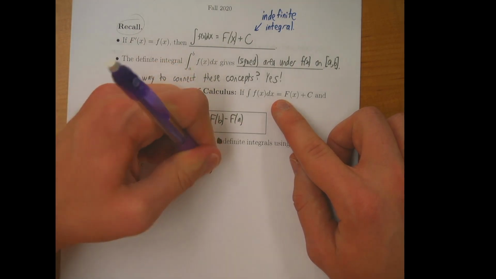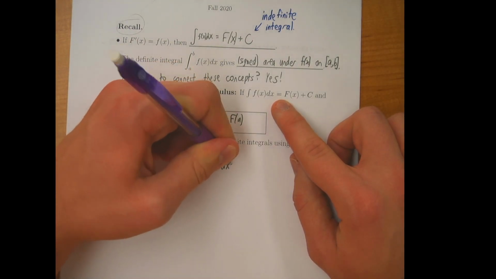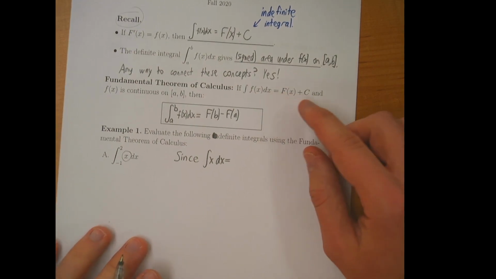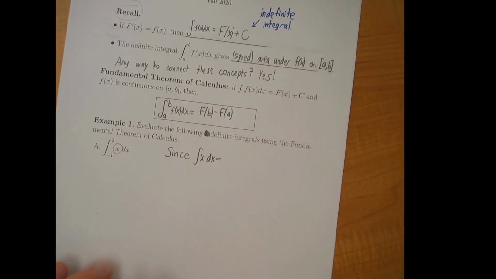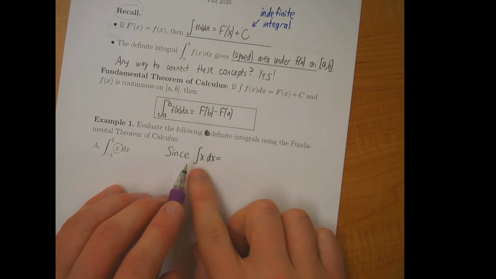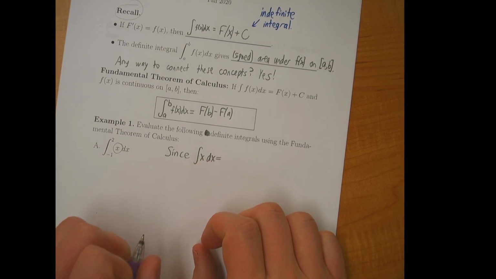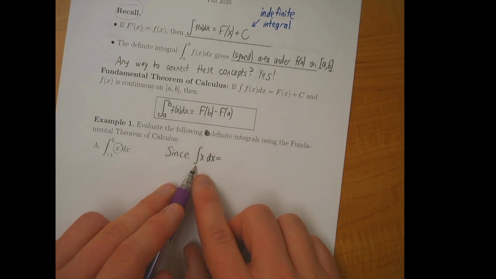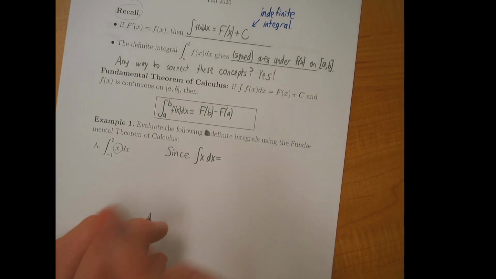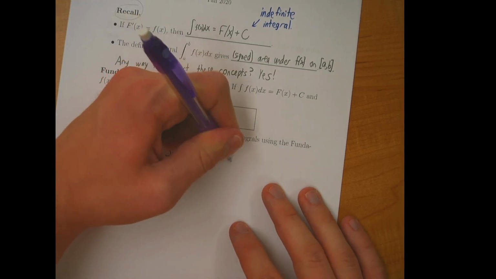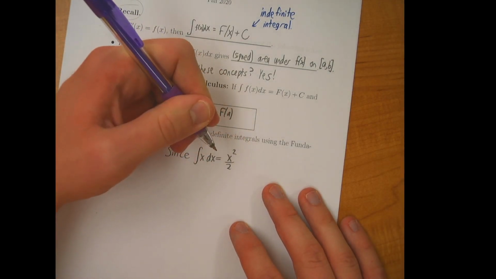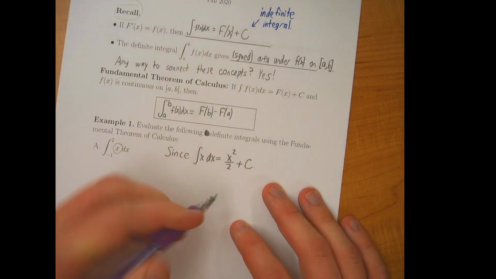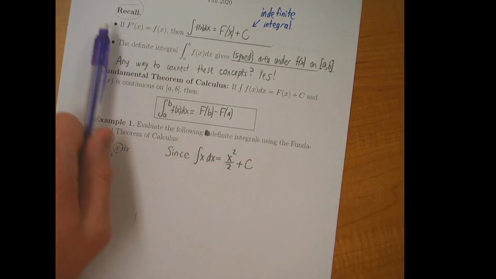Do you guys recall what is the general antiderivative of x? We're just focusing on the indefinite integral though. x squared over 2. Yep, it's x squared over 2 plus c. Good.